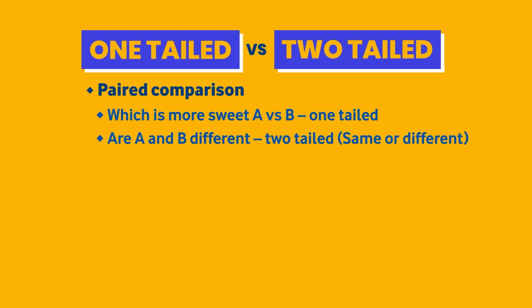If the question is whether A and B are different, then it can go in both directions; they could be the same or different. So this is 2 tail. There is a different table for 1 tail, and another table, which you can find in your textbooks, for 2 tail samples. That is how you can statistically validate the experiment or the result.